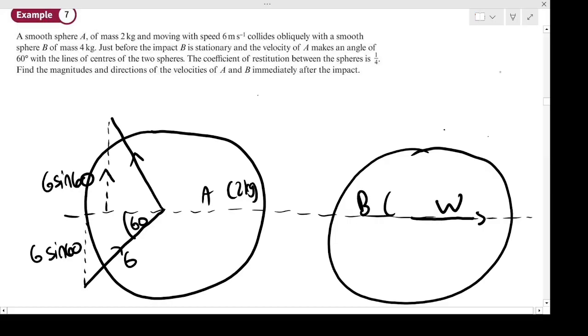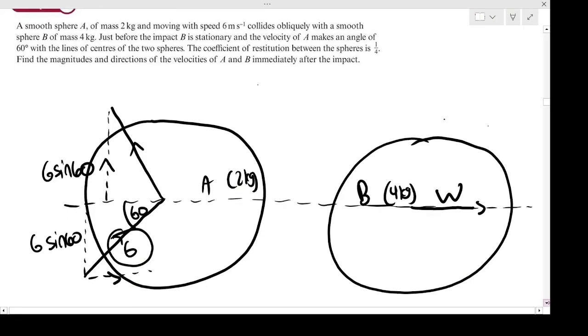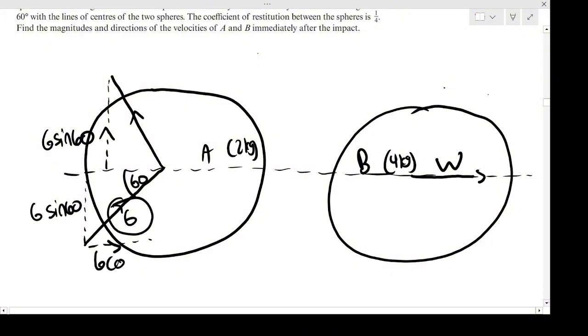Now B has mass 4. And then for A, we've already done the perpendicular components. Now, as for the parallel part, along the line of centres, it's going to go forwards to the right like this, and it's going to be 6 cos 60 before, and then afterwards it's going to go like that.